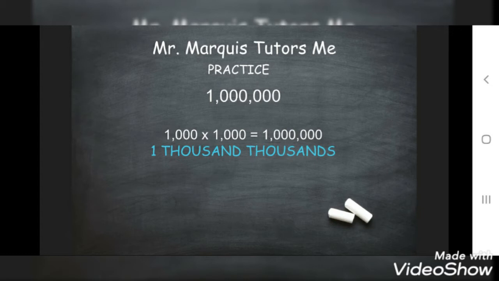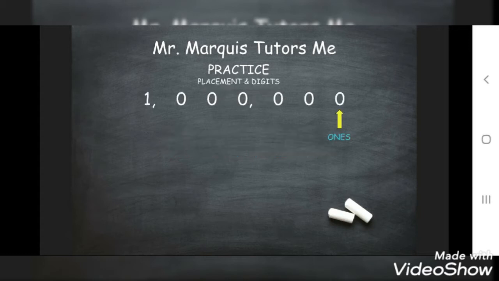Now we have placements. This first zero is the ones place. The only thing that can fit in here is 0 to 9. Same thing in the tens place. Once you get up to the 9 in the ones place, the 1 goes to the tens place and the ones place starts over. So it's like 1, 0, making it 10, right? That's the only way you can have a number in the tens place is if you have at least 1 ten.